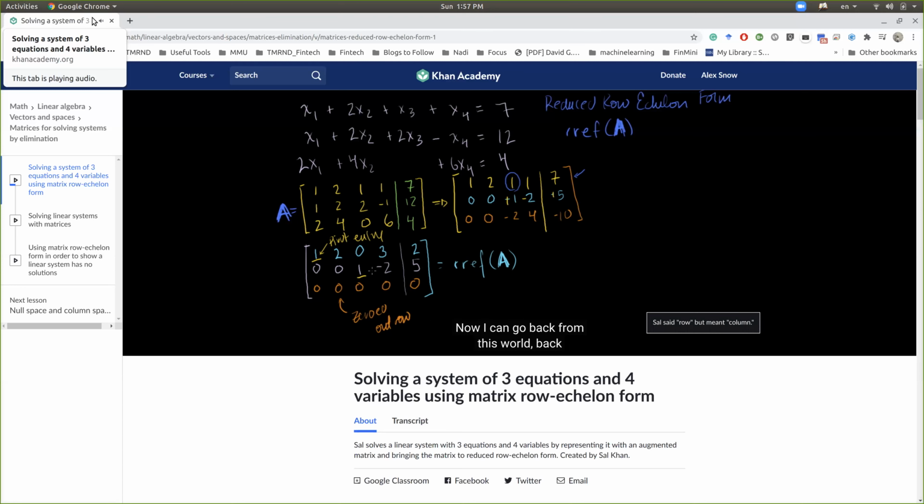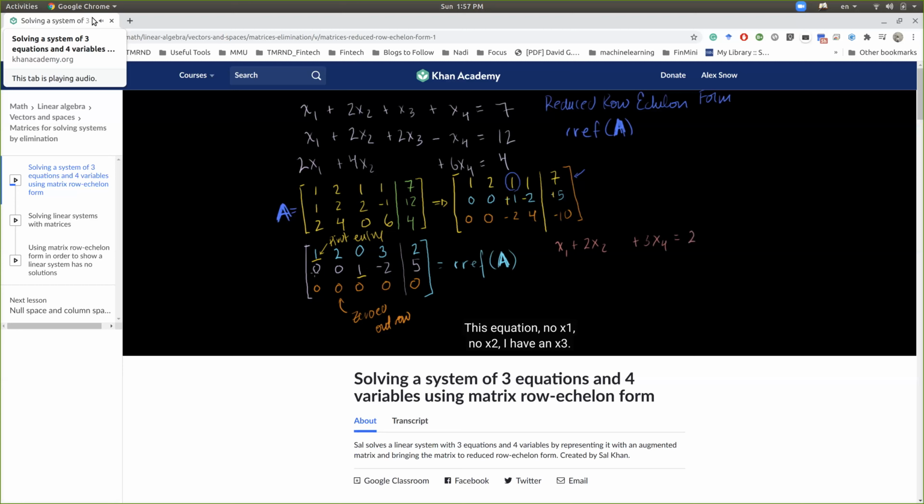Now what does this do for me? Well, now I can go back from this world back to my linear equations, because we remember that these were the coefficients on x1, these were the coefficients on x2, these were the coefficients on x3, on x4, and then these were my constants out here. So I can rewrite this system of equations using my reduced row echelon form as x1 plus 2x2, there's no x3 there, so plus 3x4 is equal to 2.